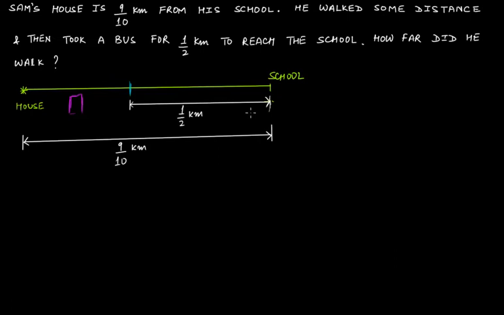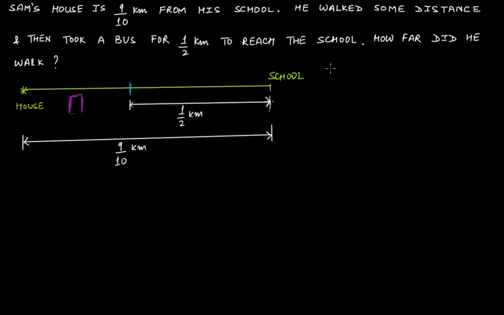So now clearly you can see that whatever answer you will get will most probably be in terms of a fraction only. From here to here, it's 9 over 10, it's a fraction. From here to here, you have 1 over 2, that is also a fraction.